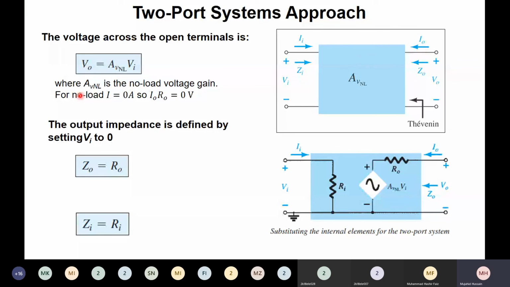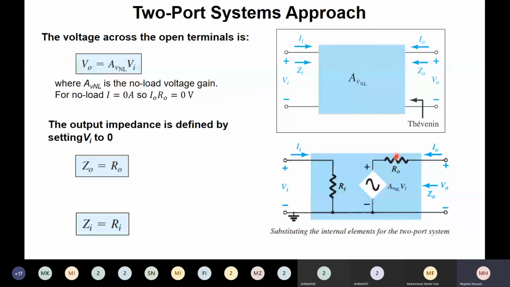So how can we say that V naught is the same as A V times voltage? Because under no load condition there will be no current, so I naught will be 0, because we are saying that this is a no load voltage gain. So at the condition of no load, the current I naught will be 0, so the voltage drop across this resistance R naught will also be 0.